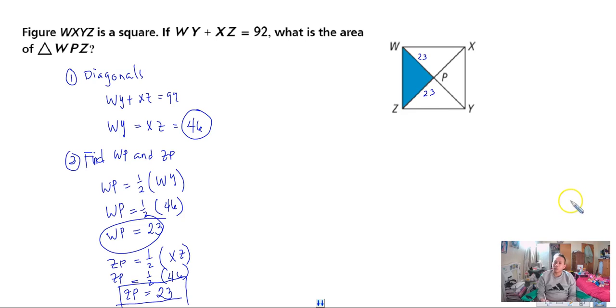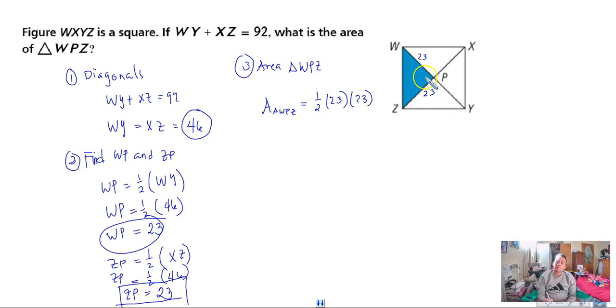All right, so let's now find the area. Step 3, the area of triangle WPZ. The area of the given triangle WPZ is equal to 1/2 times the base, 23, times the height, which is also 23.